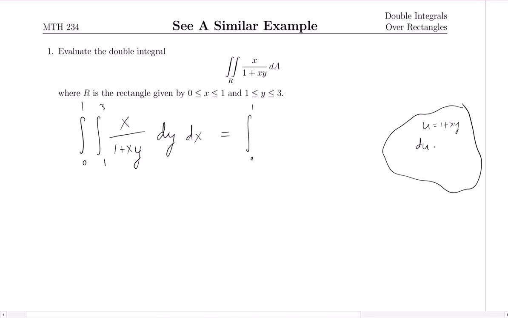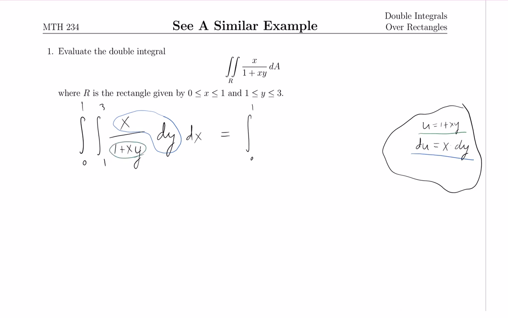Then du, remember I'm thinking of y as being the variable here, is x times dy. So here's my du, and here it is right here. I have x dy, so that will just become du. And u is 1 plus xy, that's exactly the denominator.